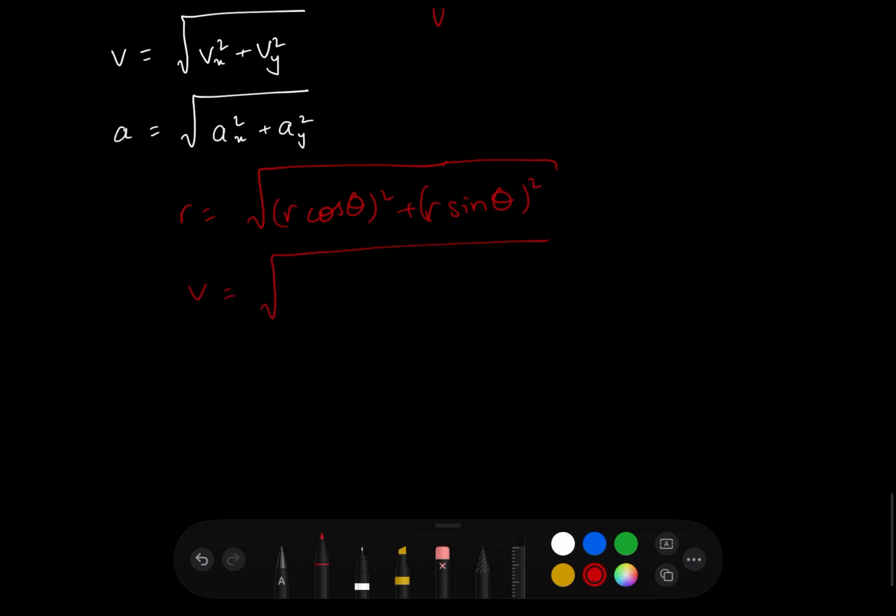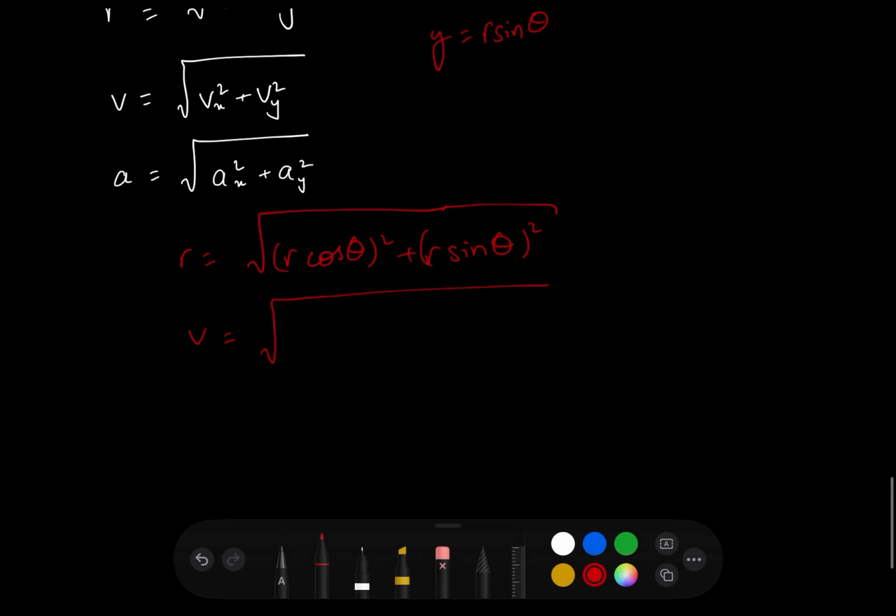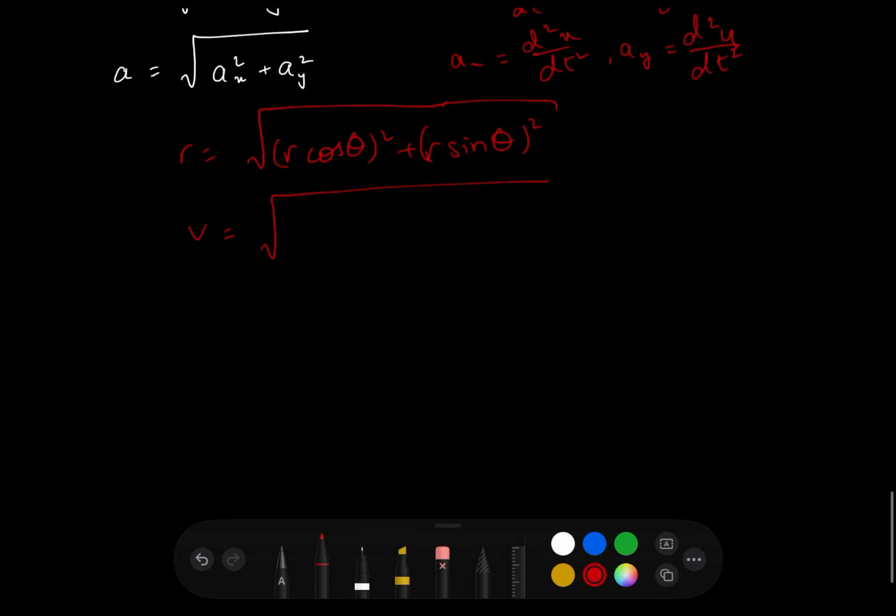V is just going to be, we know that Vx, by the way, is just dx by dt, and Vy is just dy by dt. And we also know that Ax is equal to d2x by dt2, and Ay is d2y by dt2.